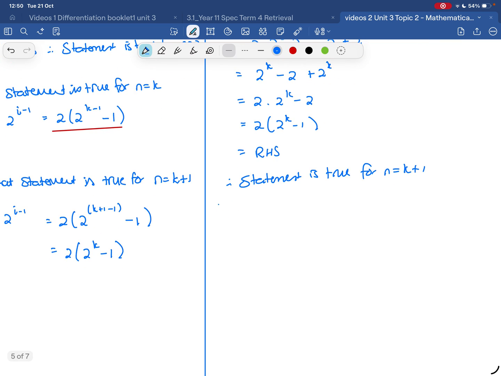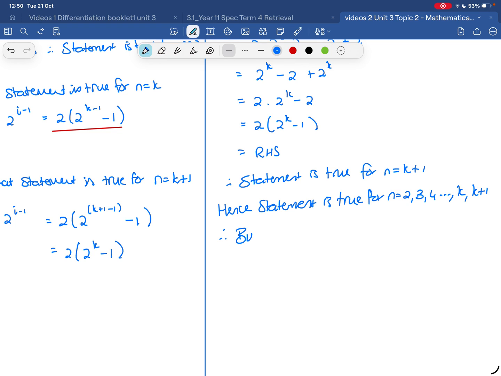And then I can say, hence, the statement is true for n equals 2, 3, 4, k plus 1.